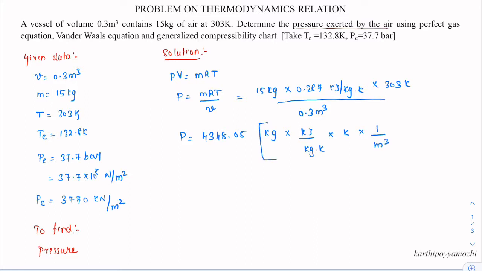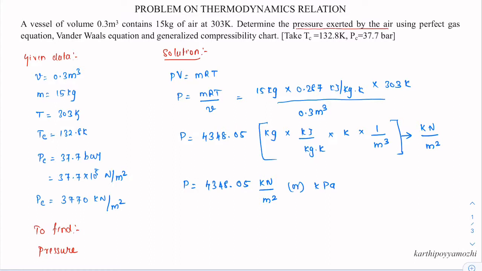By solving this, you will be getting kilonewton per meter square. Therefore, the pressure P is calculated as 4348.05 kilonewton per meter square or kilopascal.